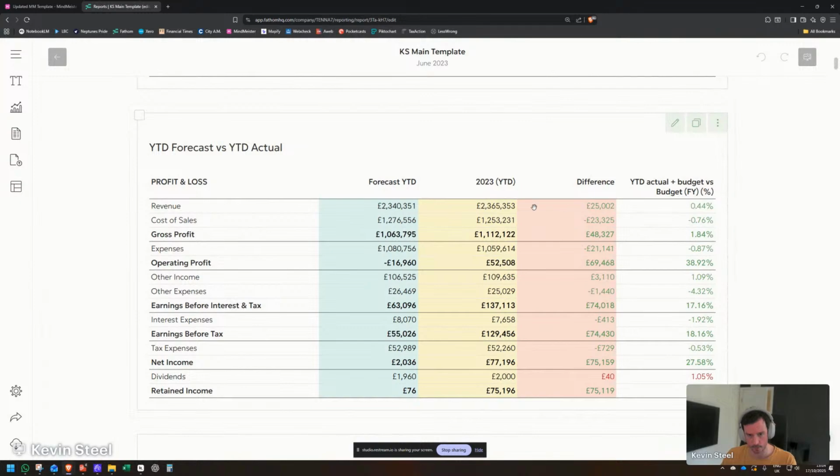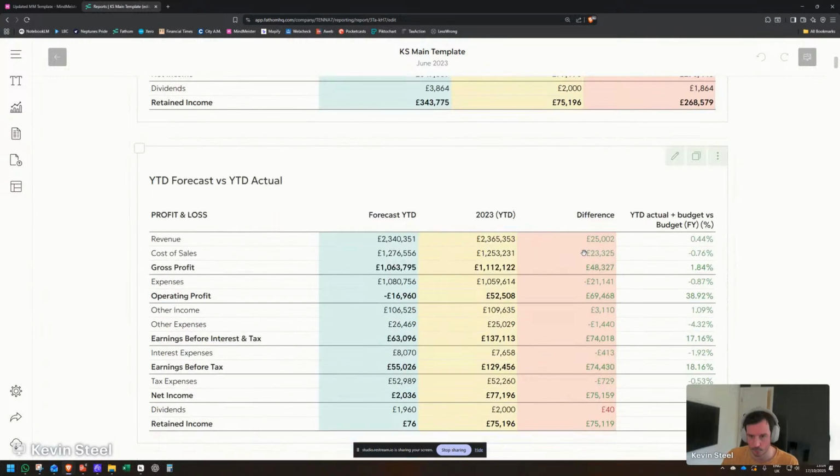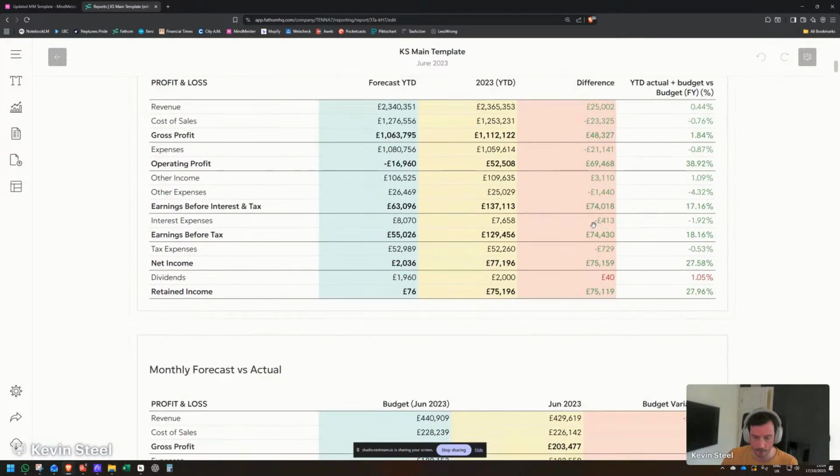So why was our revenue 25K over in this example from what we forecast? We would want to find out the reasons why. Was it that we did a new marketing campaign, which led to a few new customer inquiries, etc.? Same for cost of sales, expenses, etc. We want to dive into detail on our variances and find out why we are over or underperforming.